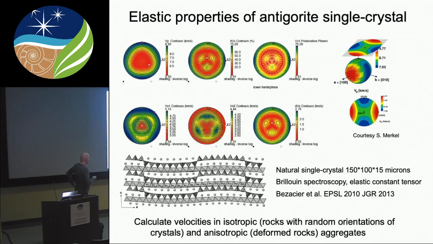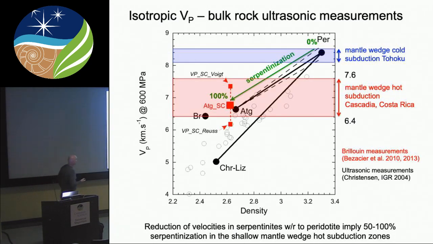So the nice thing is that once we have this elastic constant tensor, we can calculate velocities for isotropic rocks. That means rocks with random orientation of crystals, or for anisotropic aggregates, which correspond to deformed rocks. So starting with the isotropic case, we can build plots like this, where we have chosen here to plot P-wave velocities as a function of density.